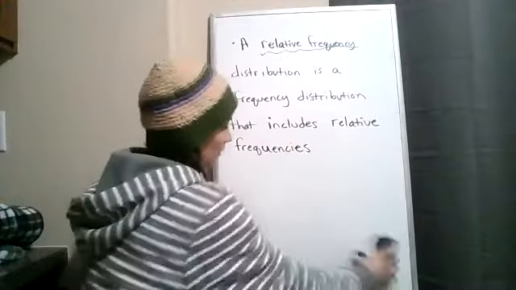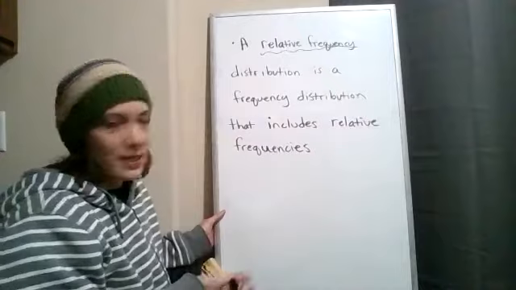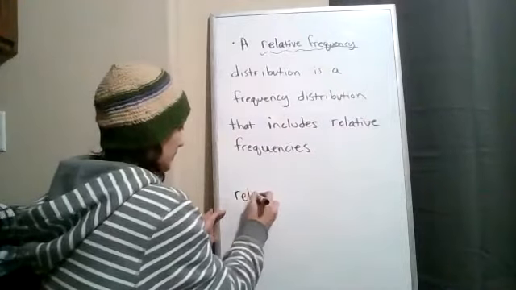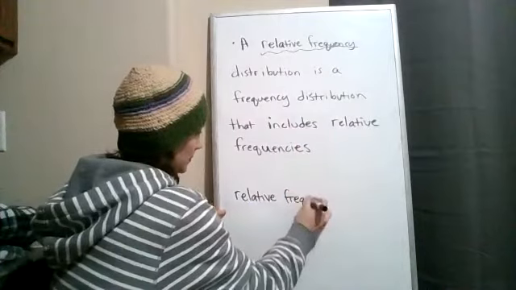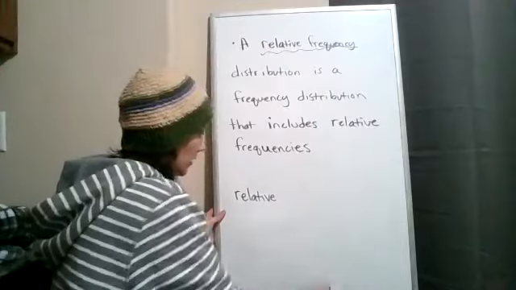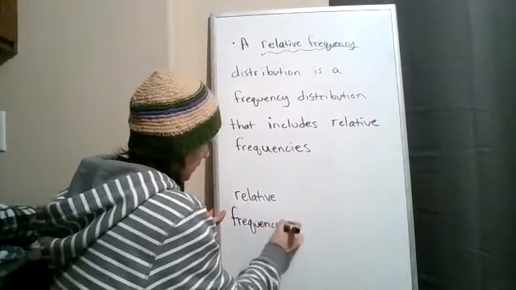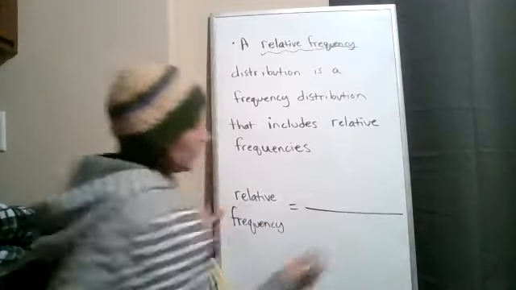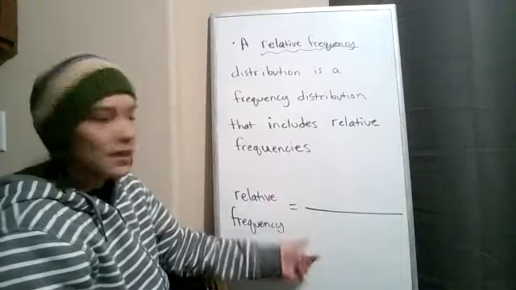And then we need to say what relative frequency is. Relative frequency: you take the frequency and then divide by the total number of occurrences.